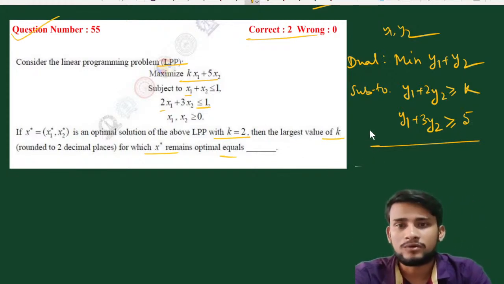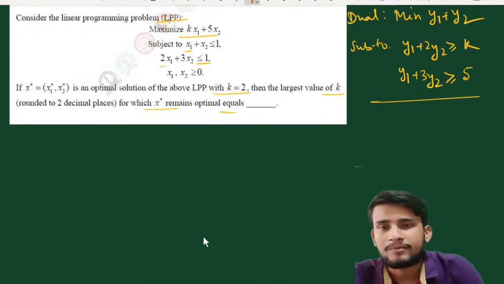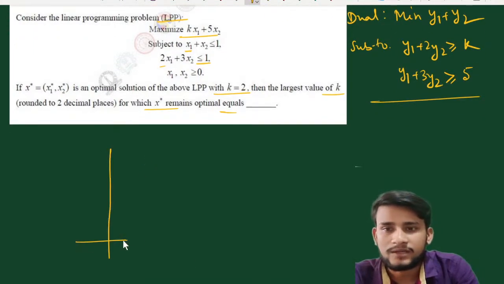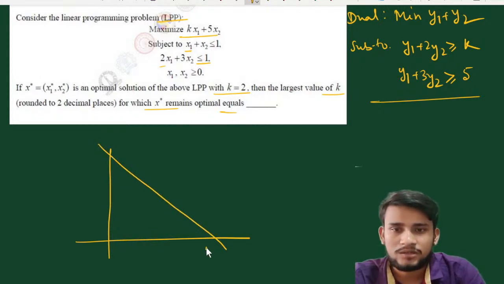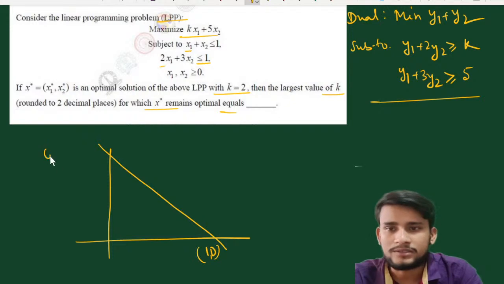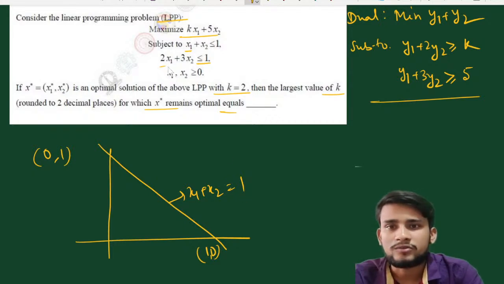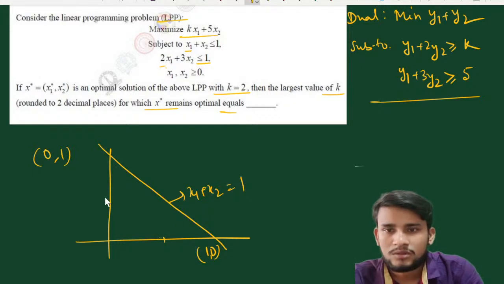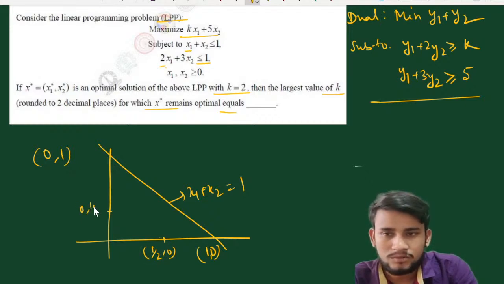Okay, now we first solve the primal problem. We first find the solution by using the graphical method. Suppose this is 1, 1, 1, 0 and 0, 1. The first straight line is x1 plus x2 equal to 1. For 2x1 plus 3x2 equal to 1, the intercepts are x1 by 1/2 and x2 by 1/3, so this is the point 1 by 2 comma 0 and this is 0 comma 1 by 3.